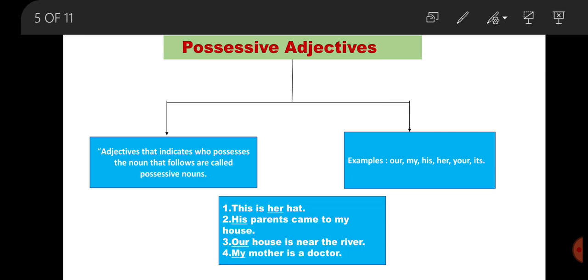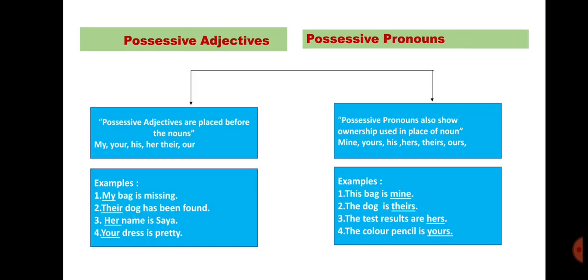Now in the same way, we are going to study the difference between possessive adjectives and possessive pronouns. Possessive adjectives are placed before the noun, or as I said earlier, they have a noun immediately after them.